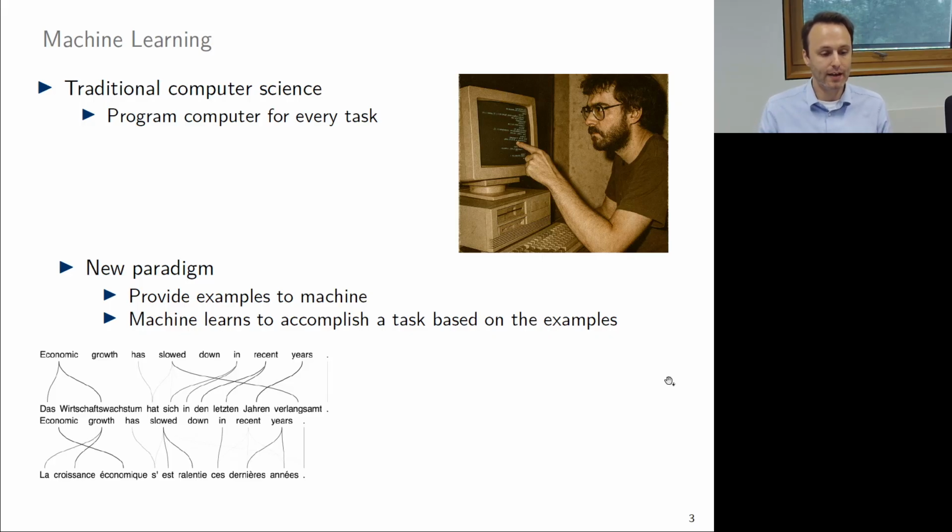Here's an application. If you want to translate text from one language to another, and you write down all the rules for the grammar and the words, it's going to be really difficult to translate this German sentence into French or English, for example.